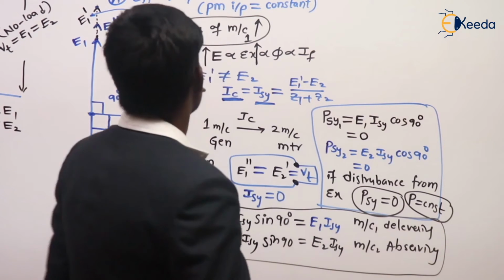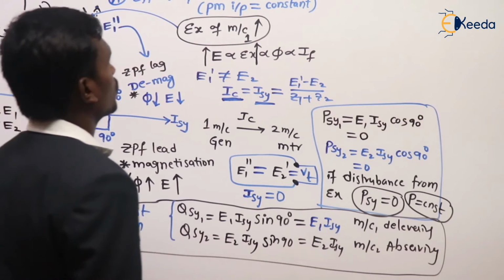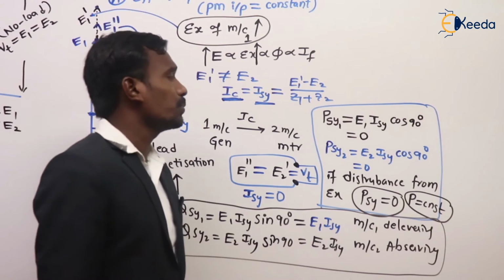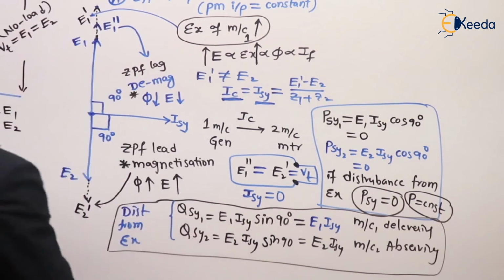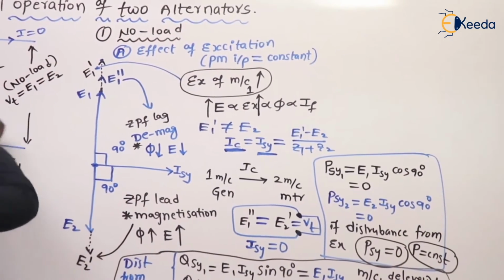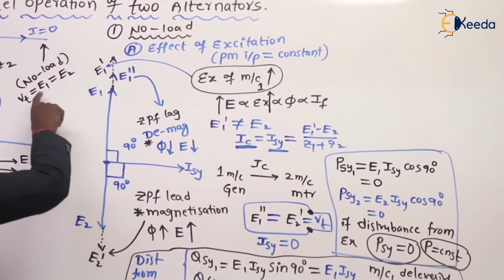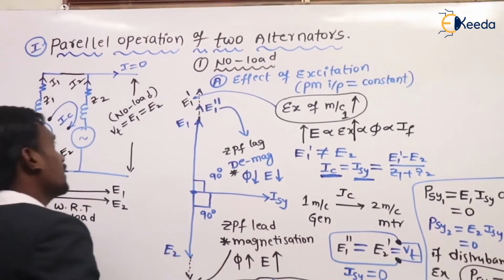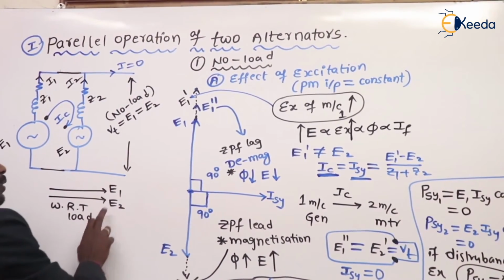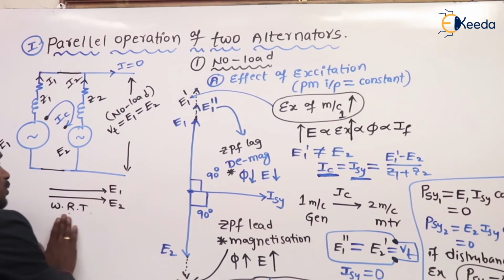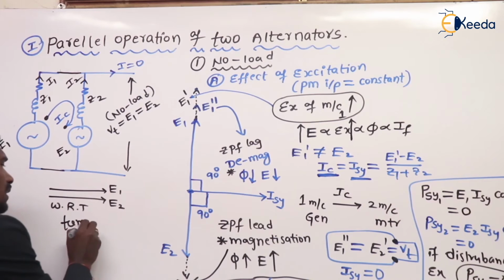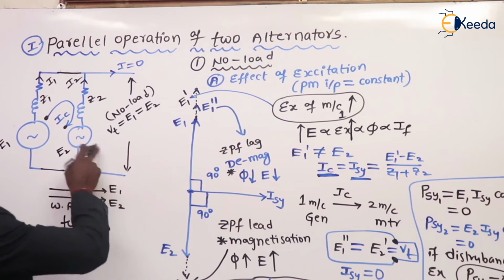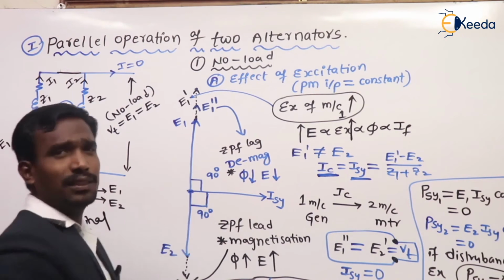What is that? The effect of excitation when the prime mover input is constant. Overview: at no load condition, both the EMFs are the same and the terminal voltage is also the same. With respect to the terminal or load, these two are in phase, but with respect to each other they are out of phase.